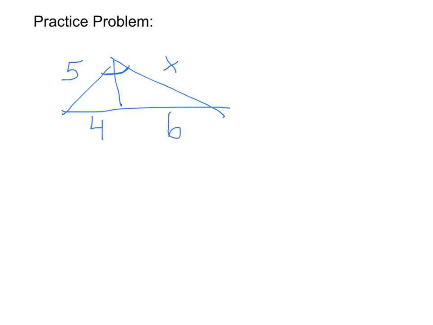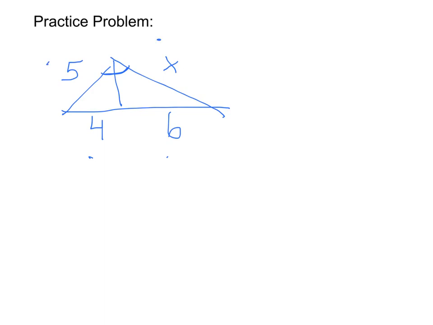So let's do a practice problem with what we just learned. If we have our triangle and we're given that this is the angle bisector here, and we know that this side is 5, this is 4 and 6, and now we're asked to find this side. We just learned that the ratio of this to this is equal to the ratio of this to this.